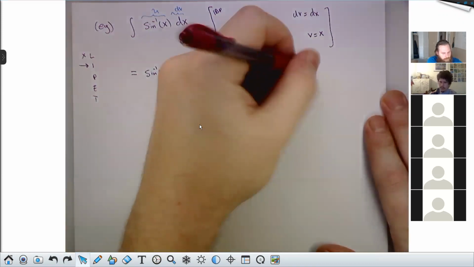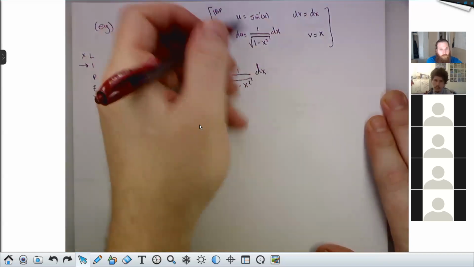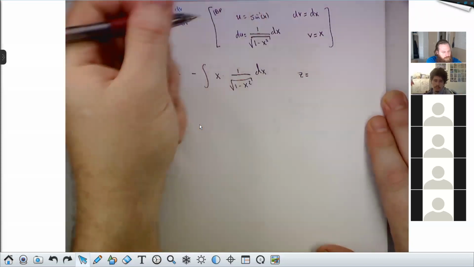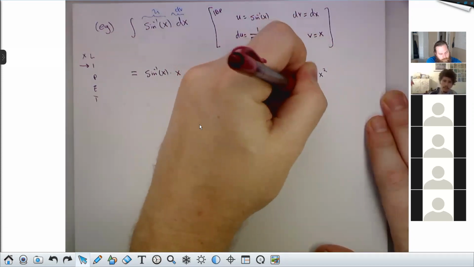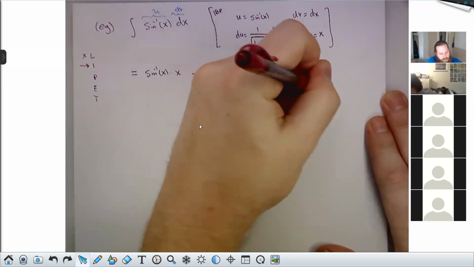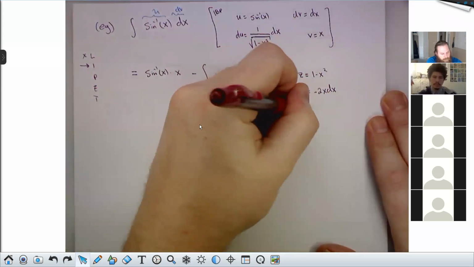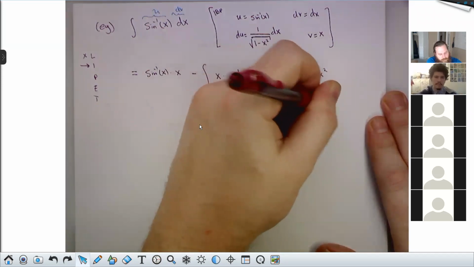We're going to do this with a u sub. Now I'm going to use the letter z here because I don't want to confuse it with what's going on back there with the u. So I'm going to sub z equals 1 minus x squared. dz then is negative 2x dx, which means negative 1/2 dz is equal to x dx.